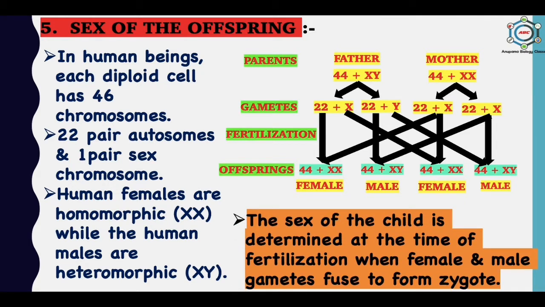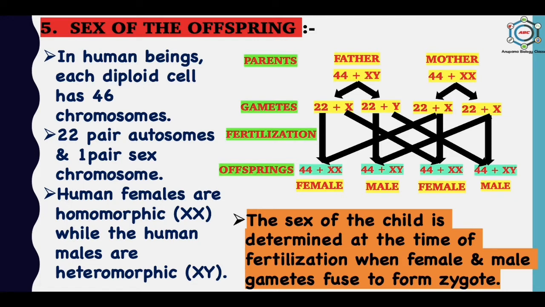The sex of the child is determined at the time of fertilization when female and male gametes fuse to form the zygote. See in the picture here, the sex determination in an offspring by the parents, that is the father and mother, which have 46 chromosomes.